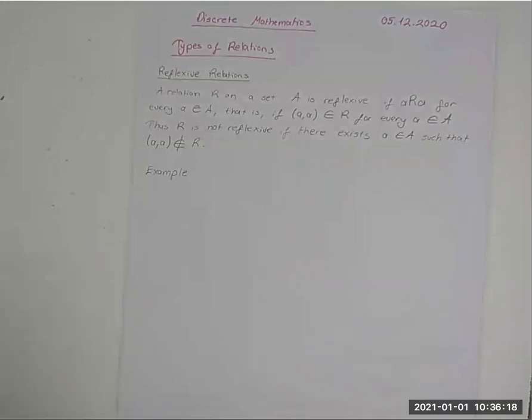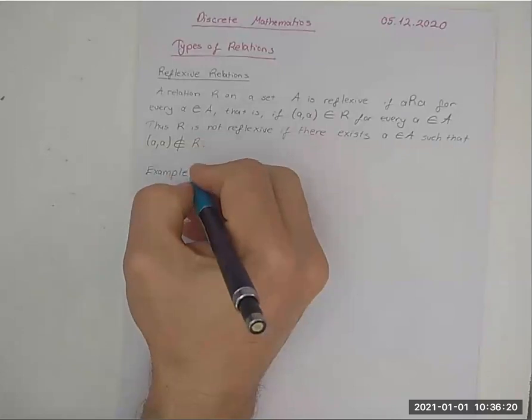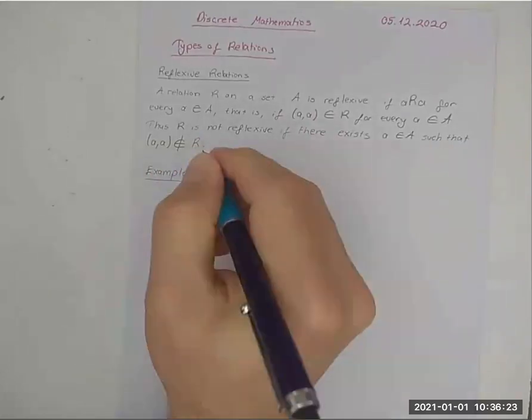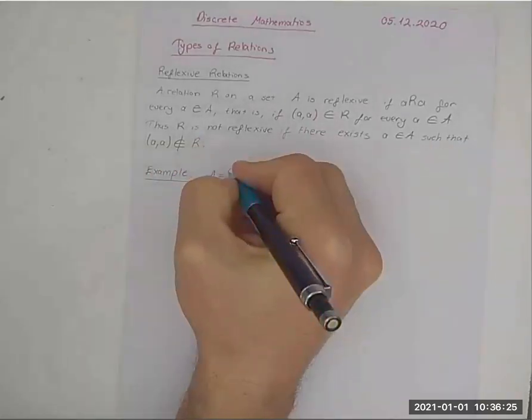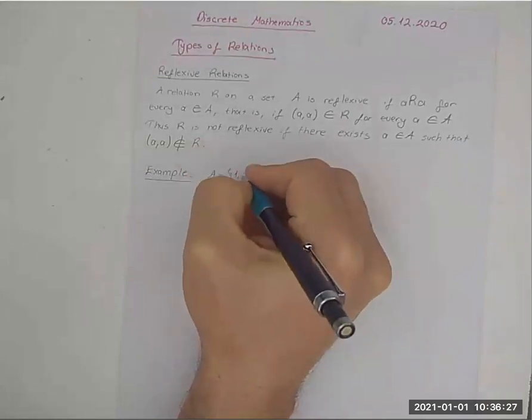Example: let's say we have a set A that has the numbers 1, 2, 3, and 4.